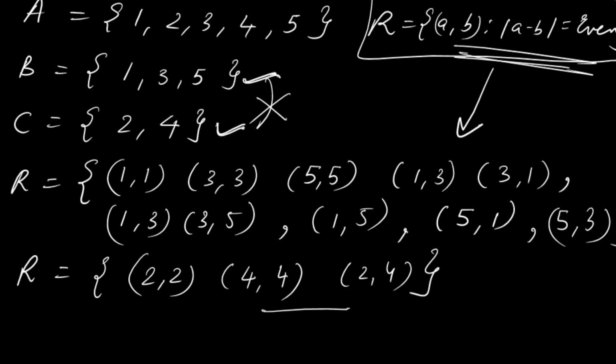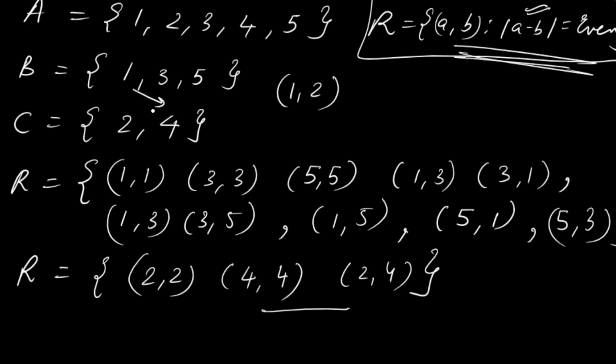Now we can see if I choose mixed elements, like 1 and 2: if I apply this relation, a minus b will not give us an even number. 1 with 4 also: 1 minus 4 or 4 minus 1 is not an even number. 3 minus 2 or 2 minus 3, again not an even number. Same for 4 minus 5 or 5 minus 4.